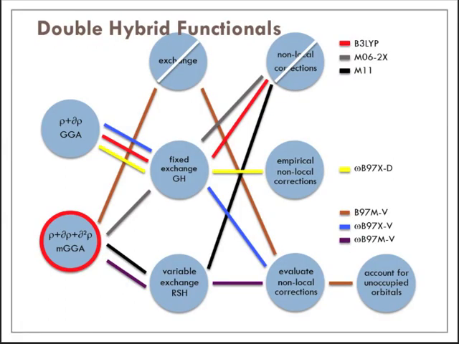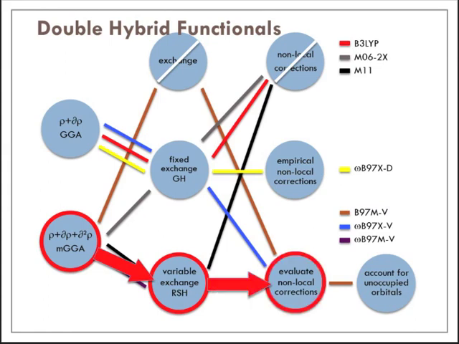What we have here is a dependence on the density, the first derivative, the second derivative. We add Hartree-Fock theory in a variable way. We put in dispersive interactions analytically. And now we bring in account for unoccupied orbitals.